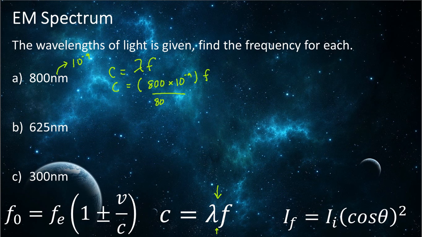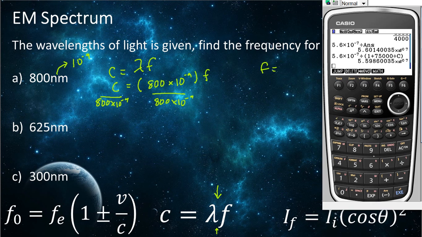We're going to divide by this 800 times 10 to the negative ninth on both sides. And that should give us our frequency. So we'll switch to our calculator, and we'll go c divided by, I'll make sure I put this in parentheses, 800 times 10 to the negative ninth.